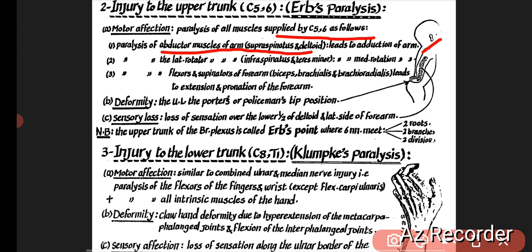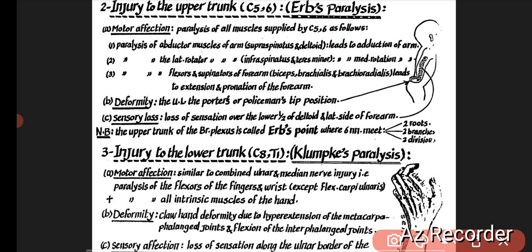Paralysis of the lateral rotators of the arm, such as infraspinatus and teres minor, leads to medial rotation of the arm. And paralysis of the flexor and supinator of the forearm, that is biceps brachii, leads to extension and pronation of the forearm.